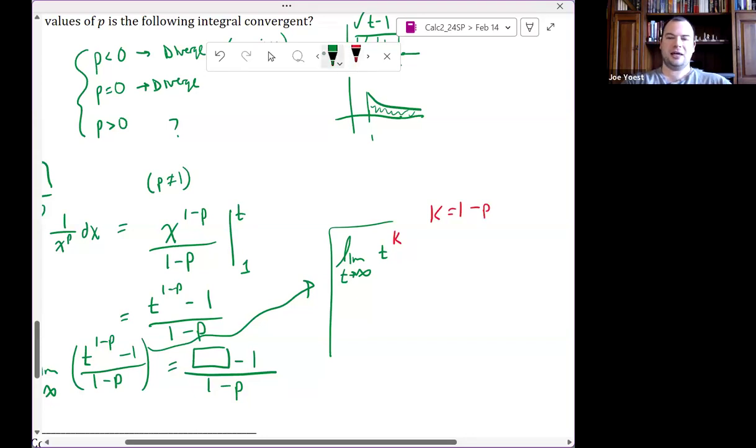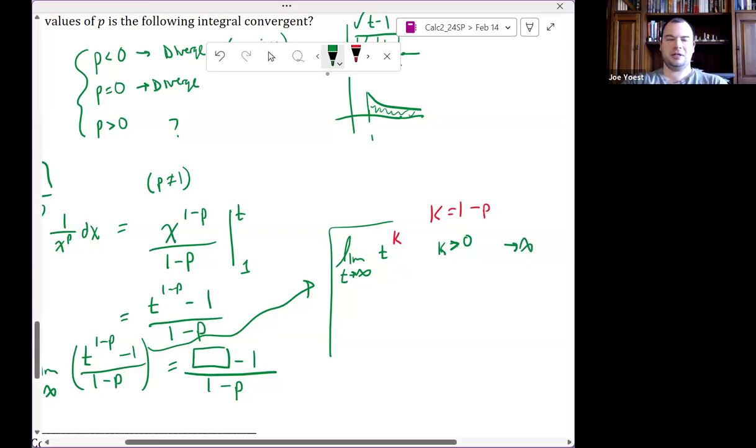For what kinds of k's will this converge? Well, if my base is getting larger and larger, if k is positive, k is bigger than 0, then I have a larger base to a positive power.